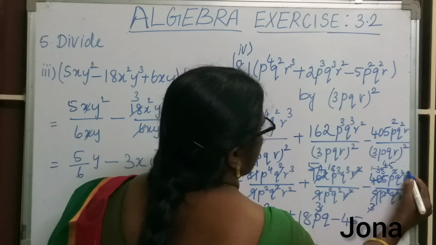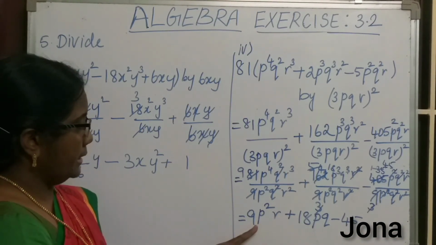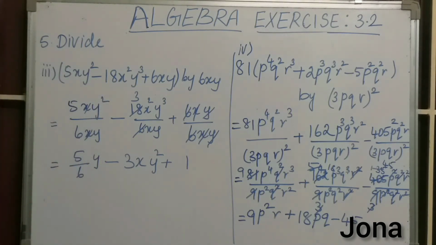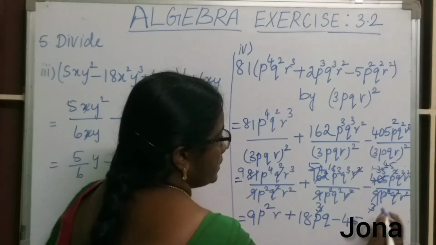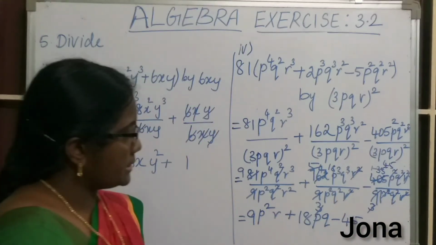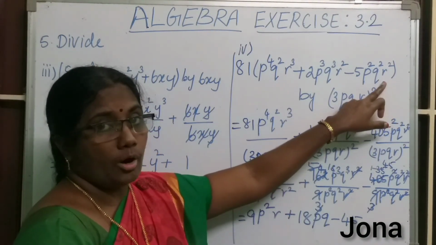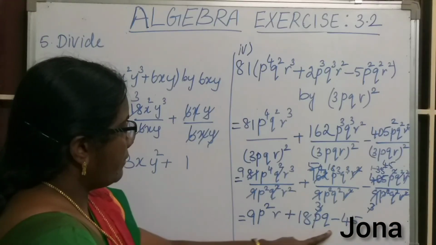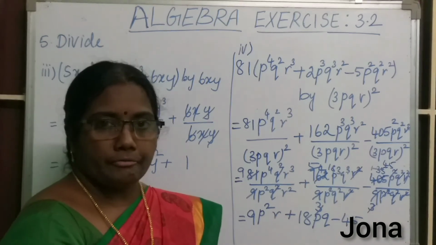This r square is also cancelled here. So we have simply 9 p square r plus 18pq. Okay, so r square and r square will get cancelled. So simply we have 45 only. In the problem here we have r square, there is no r. So that r square will get cancelled here. So our answer is 9p square r plus 18pq minus 45. Okay.